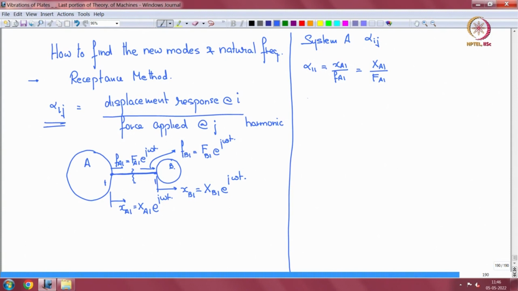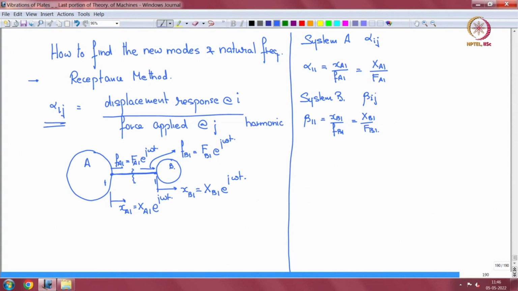Then system B is defined by beta ij receptances, and beta 11 is equal to small x b1 by small f b1, which is equal to capital X b1 by capital F b1.